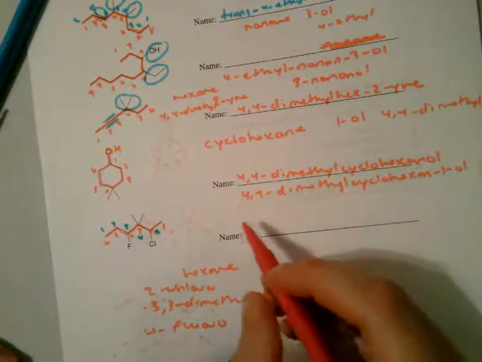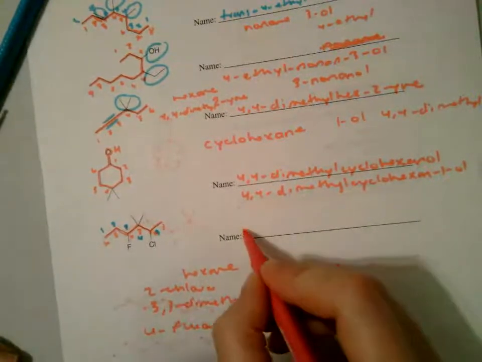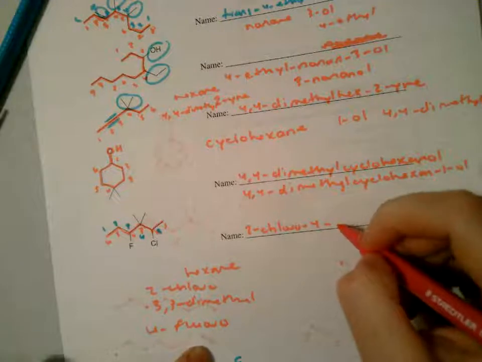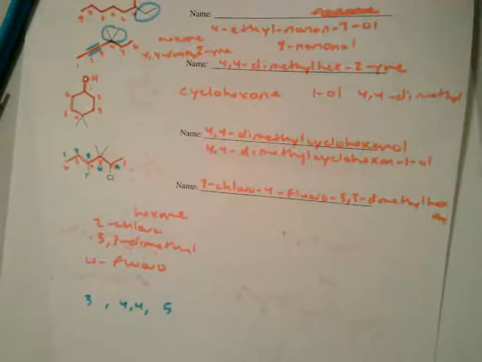So the pink way is better. So this would be, in alphabetical order, 2-chloro, and then 4-fluoro because we don't count the di in alphabetizing, 4-fluoro, 3,3-dimethyl hex. Oh man, I ran out of room. Hexane. So that would be the name.